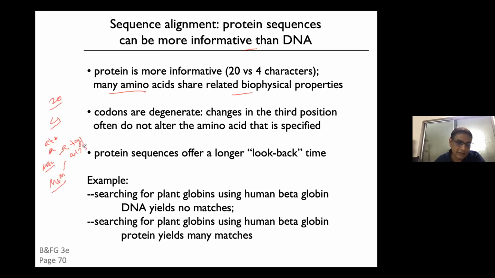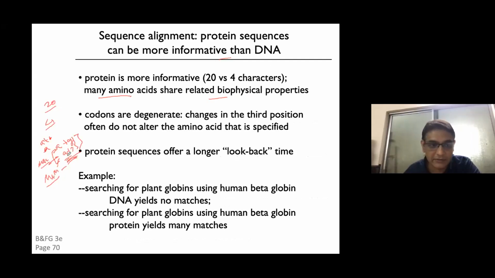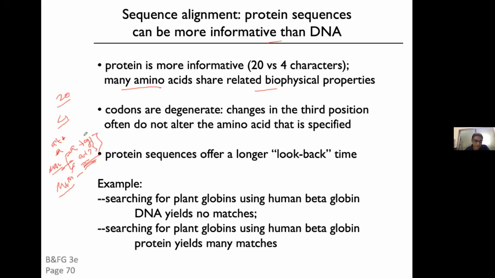If you align the DNA sequences, you find a polymorphism, a change in the nucleotide. But in the actual world, because both code for the same amino acid, the amino acid alignment is better. So aligning amino acid sequences is more informative than aligning DNA nucleotide sequences, especially in the third codon.